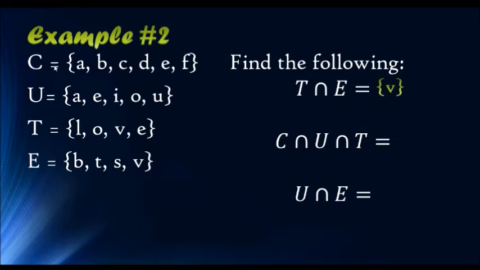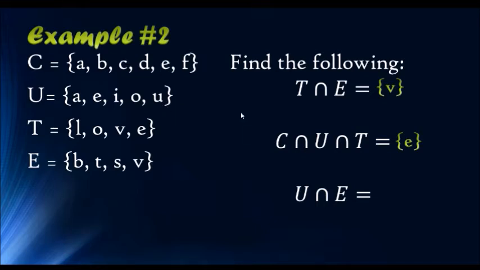Now, let's look. So, what are the elements that are common to them? So, we have your letter E. Okay, very good. Next, last one. U intersection E. Now, let's look at set U and set E. So, what are the elements that are common to them?